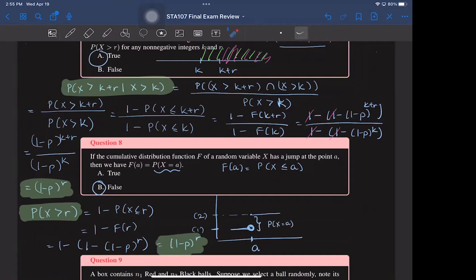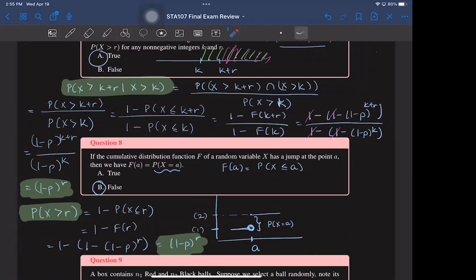It is like how much did you jump from this point to this point? It is represented by probability of X equal to a. However, F of a is this point. It is not necessarily equal to probability of X equal a.